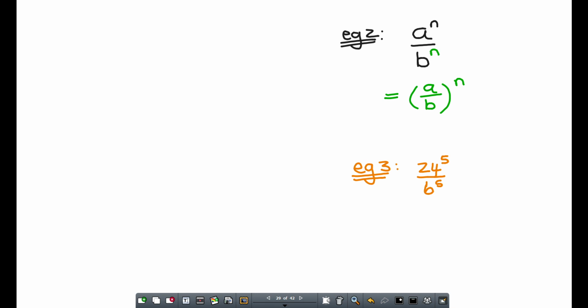So let's apply that to example 3. Over here, can you see that my exponent is the same for both? They're both to the power of 5. So that is why my first step would be 24 over 6 in brackets, and then to the power of 5. Now, once I've done that, can't I simplify inside the bracket?